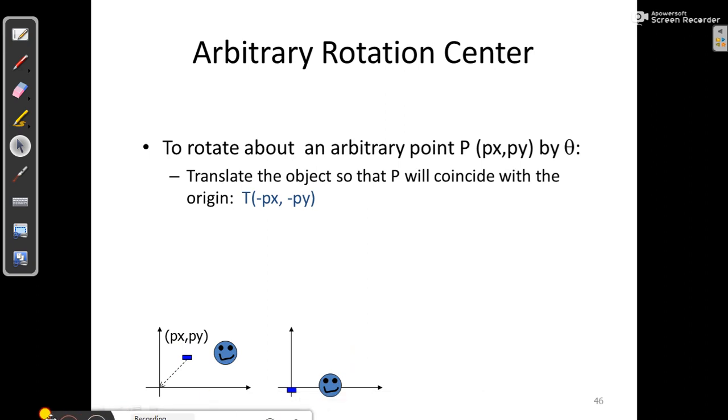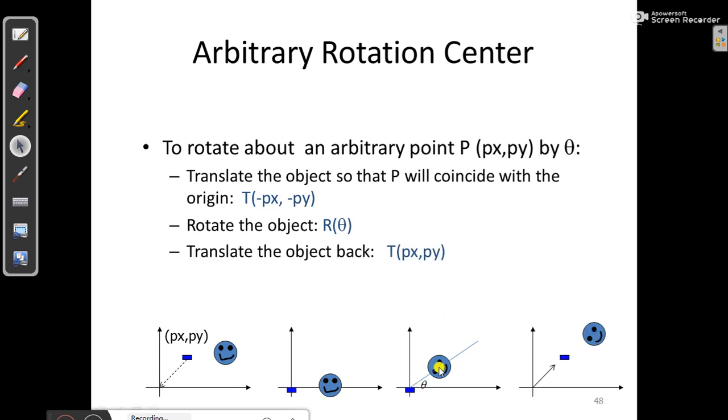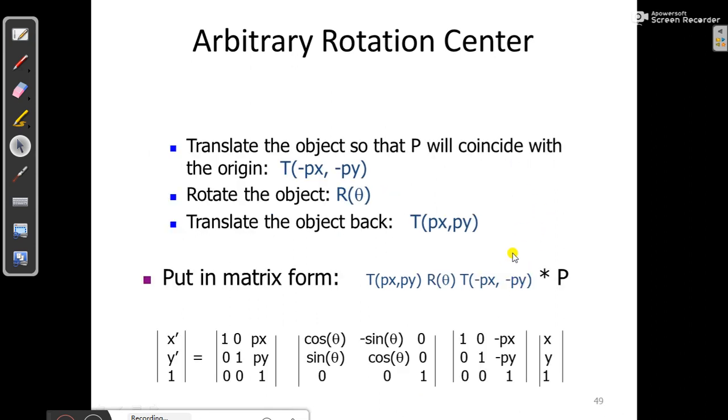Then you first translate the object so that it becomes positioned with respect to the origin, then apply the rotation about the origin, then translate back to the original arbitrary position px, py. So the equation becomes like this: first translation occurs, then rotation occurs, then the reverse translation occurs with respect to the old coordinate. That is the composite transformation.